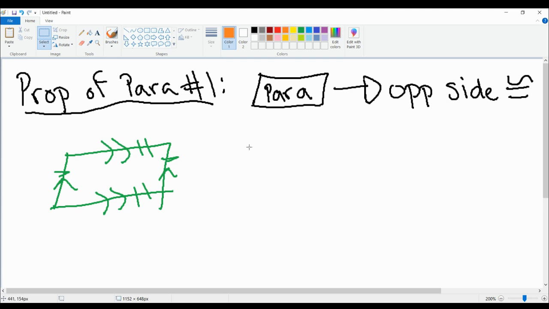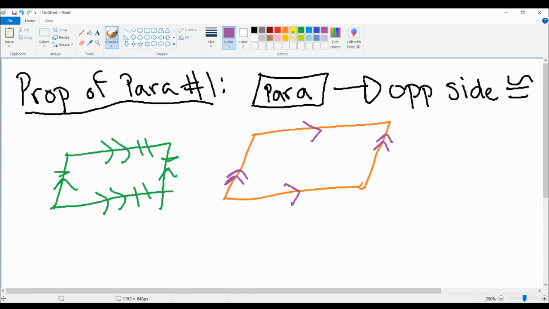Let me just draw a neater model right here. So we'll have a parallelogram right here. Now in a parallelogram, we know that this side, I'll draw it in a different color, will always be parallel to this side, and this side will always be parallel to this side. Now, what this theorem is saying is that this side will also be congruent to this side, and this side will always be congruent to this side.